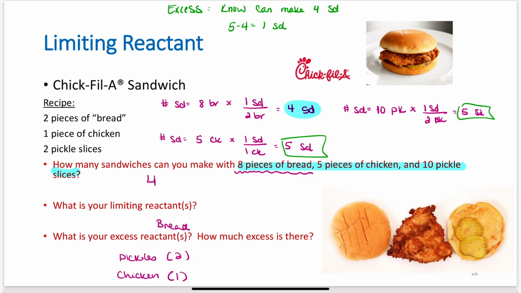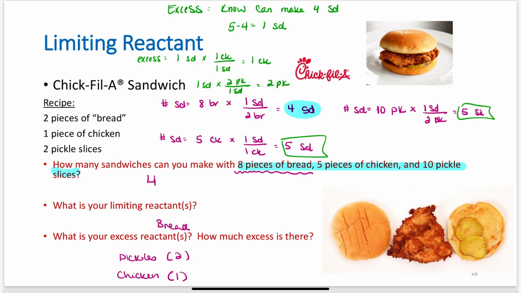Same here. These could make 1 extra sandwich than what I'm limited to. But how do I figure out my excess remaining? Mathematically, I would say, well, 1 sandwich requires 1 chicken, so I have 1 chicken remaining. 1 sandwich requires 2 pickles, so I have 2 pickles remaining.